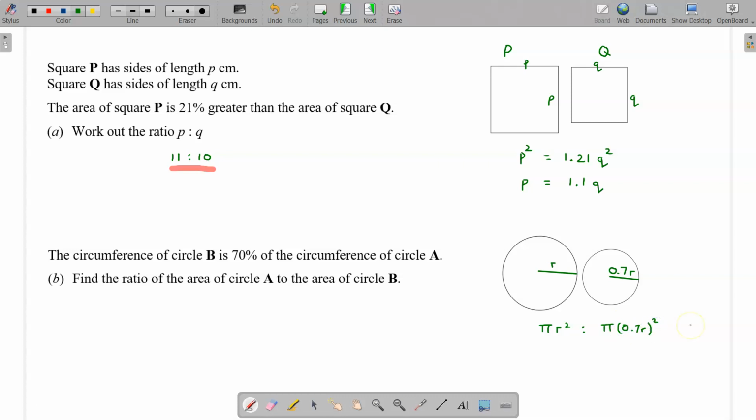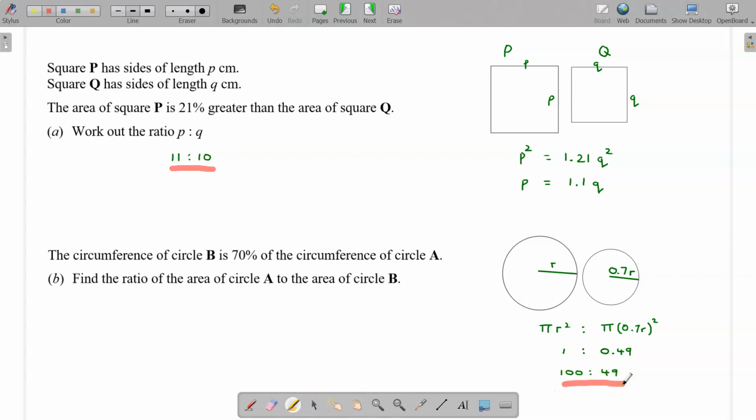Now you can cancel out the pi's and the R squareds, and you're left with 1 to 0.7 squared, and 0.7 squared is 0.49. When you scale that ratio up to integers, you get 100 to 49, and that's the answer.